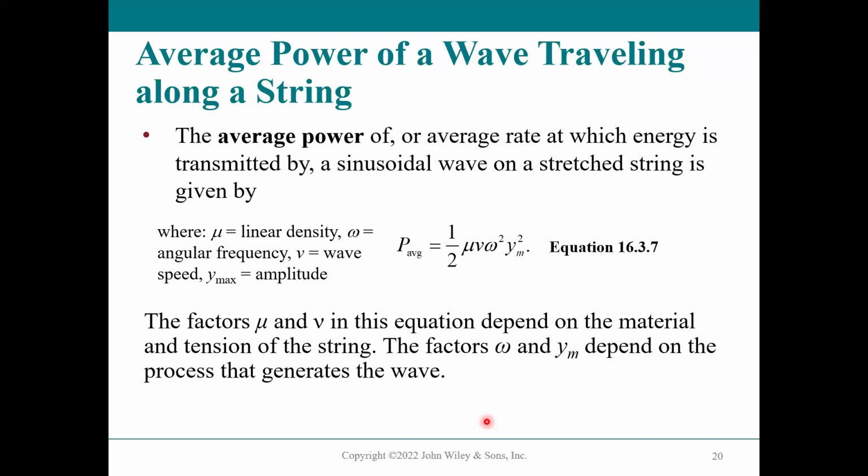And then the average power, or average rate at which energy is transmitted by a sinusoidal wave on a stretched string, is given by this equation. This one is P average. P is power.